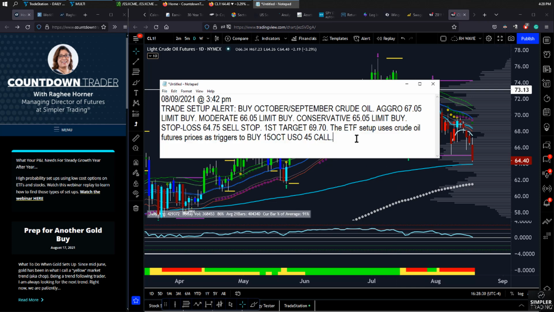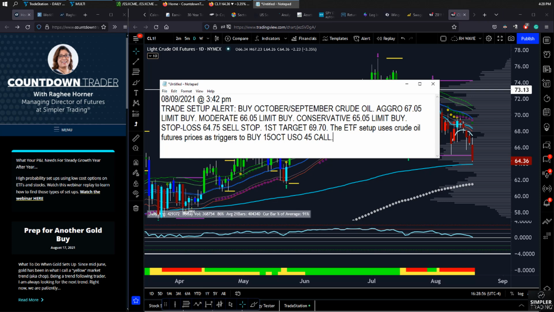So yes, we've talked about this before, using the underlying futures to trigger the ETF alternative of that futures contract, okay? So I don't want to confuse you. I'm not really entering October or September crude oil futures, the CL or the micro or even the mini. I'm using that quote in crude, September, to enter the October 15 expiry for the USO ETF.